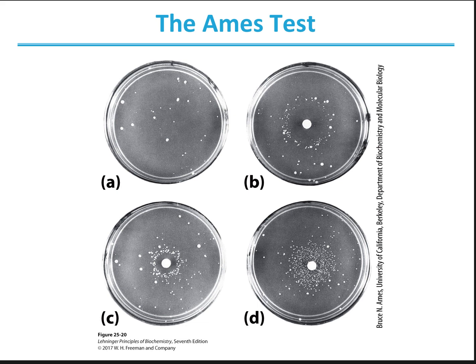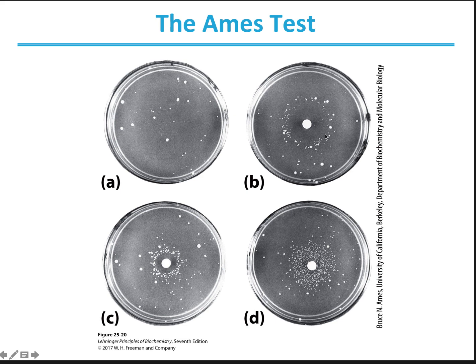If we add a mutating agent, we would expect the number of colonies to increase. In panels B through C, each of these discs has been incubated with lower and lower amounts of the carcinogen.